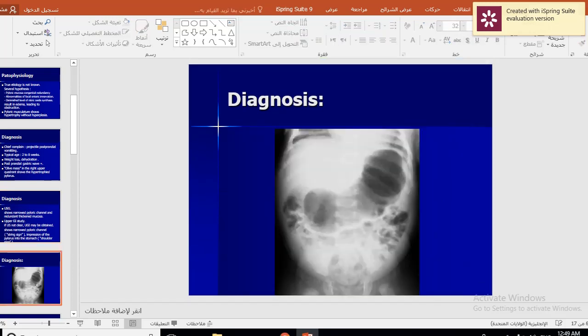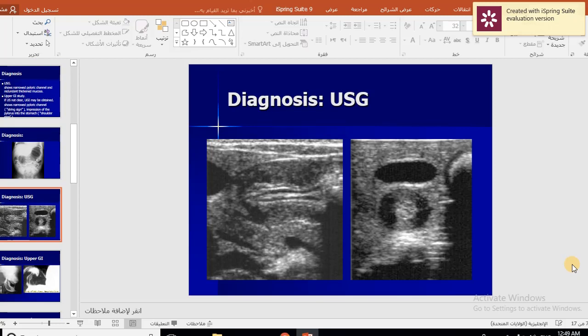This is a barium study in which there is a dilated stomach because of narrowing of the pyloric area. This is the pyloric channel, and this is the stomach, which is severely dilated. This is ultrasonography in which there is thickening and elongation of the pyloric channel.